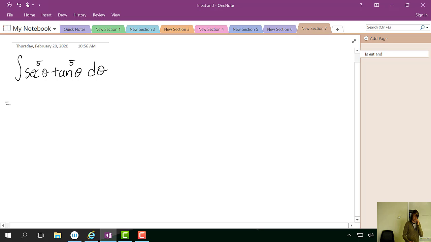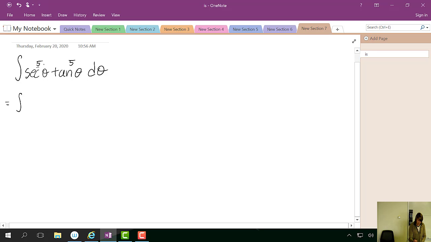These can be a bit obnoxious because depending on which power secant and tangent are raised to, that changes what u substitution you want to use. Although in my experience, one of the easier ways to figure this out is, right now they're both to odd powers, right? Let's factor out a number of terms to make them even.